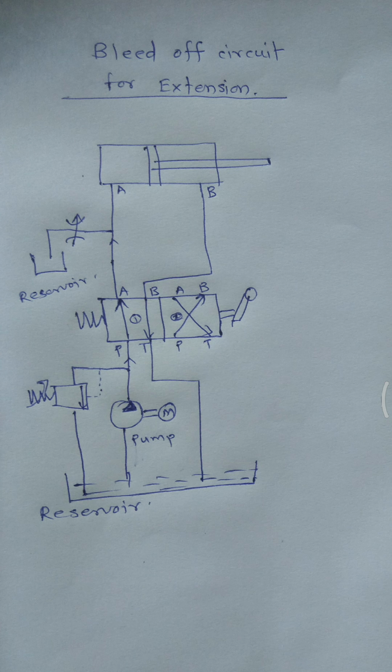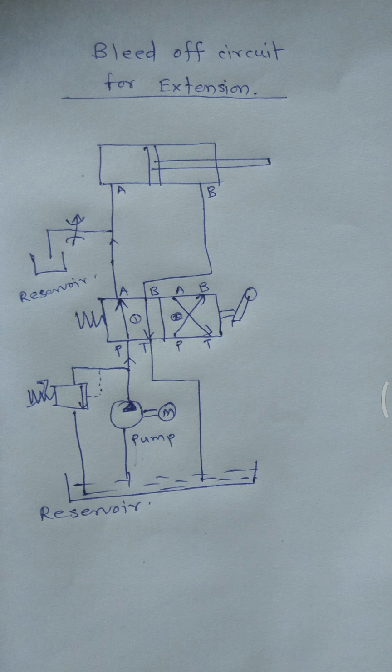But fluid always follows the least resistance path. So all the fluid is going from A to T and hence to the reservoir. So the retraction stroke is a faster one and the extension stroke is a slower one.